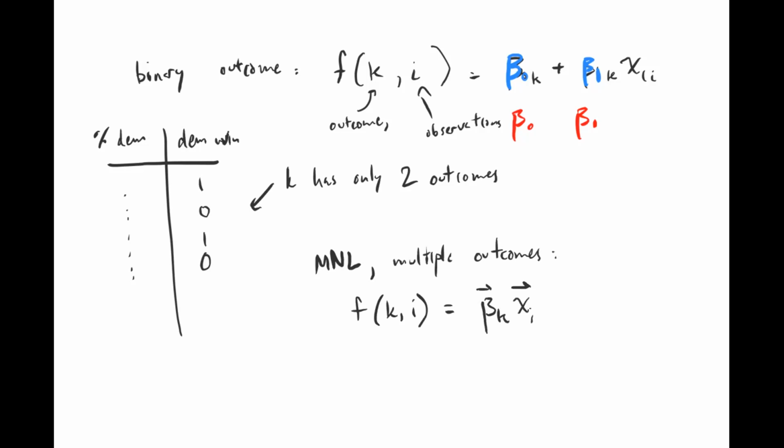The only difference is that now K can be greater than 2, with a different set of betas for each outcome.